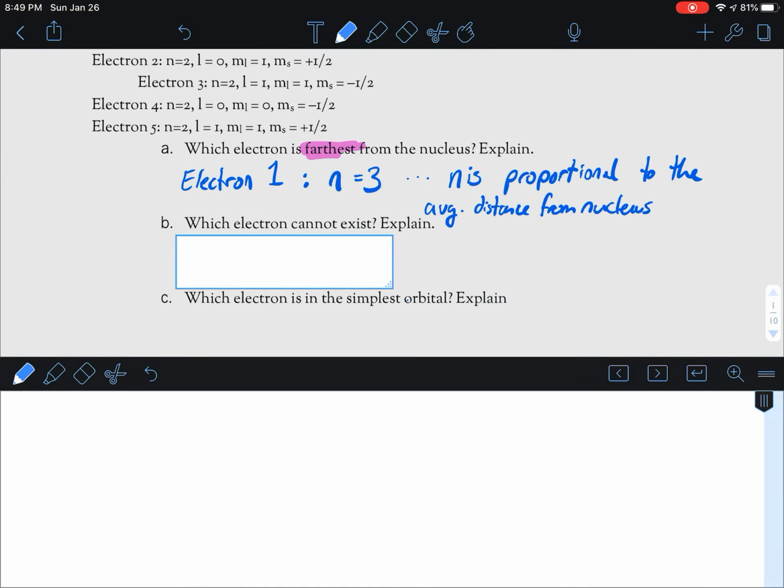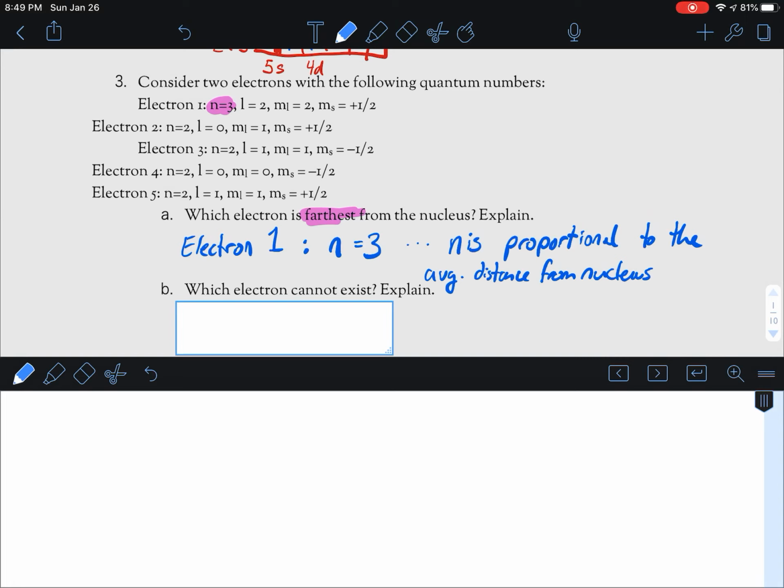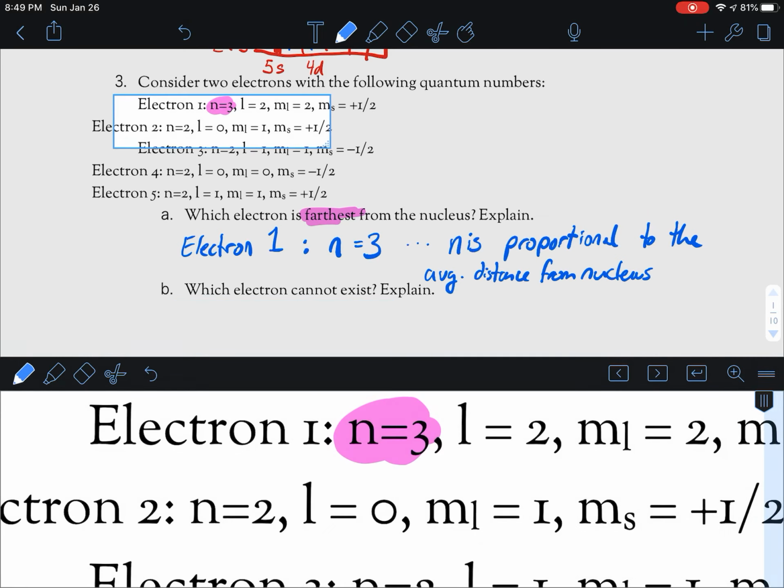Okay, which electron cannot exist? All right, this one's going to be trickier, so let's look around here. We've got an n equals 2, l equals 0. So far so good. If l equals 0, we're talking about an s orbital. So can ml equal 1 for an s orbital? That doesn't sound right.